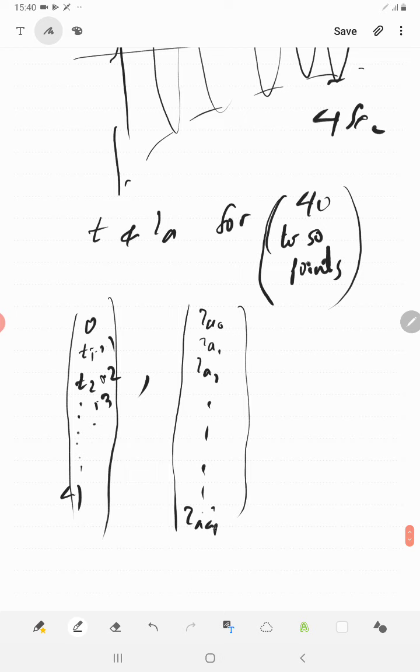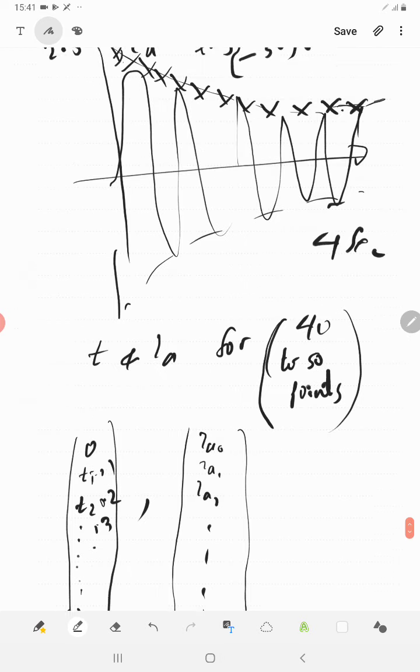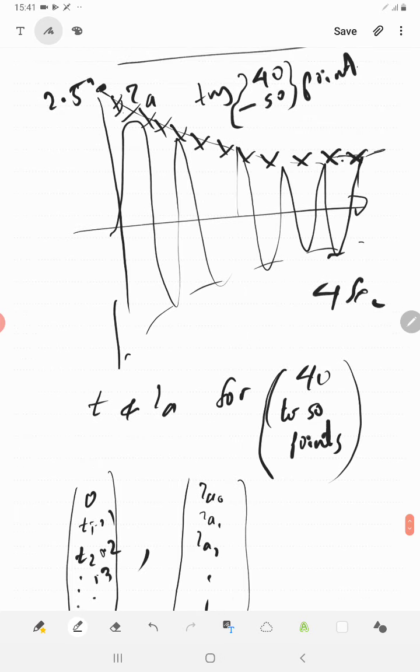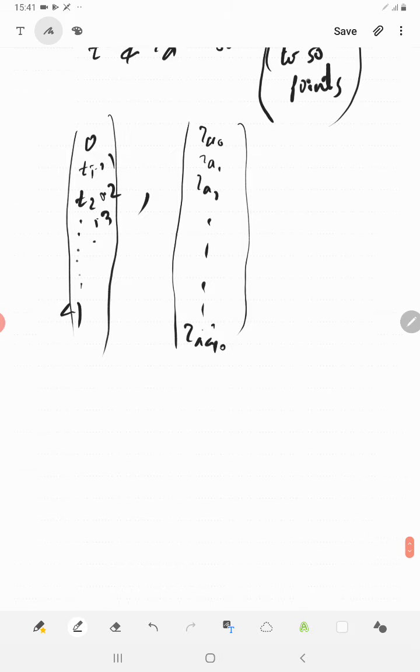At 40, for example. So if you take this time, this is T1, calculate this IA1, okay? T2, IA2, and so on, okay? Take enough points, 40 to 50, okay? The more points you take, the more accurate the calculation will be, okay?